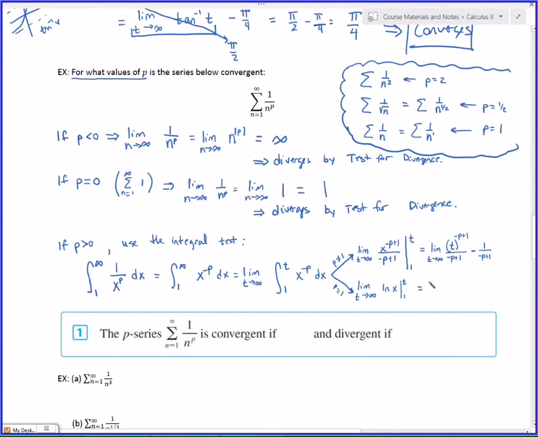The bottom one down here is just the limit t goes to infinity, the log of t minus the log of 1.